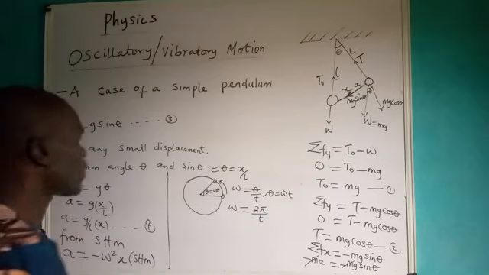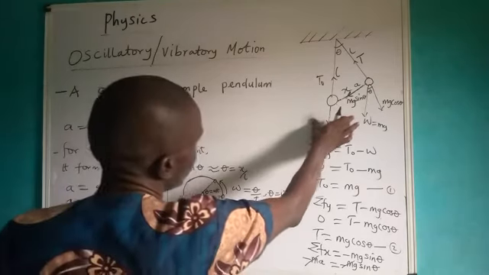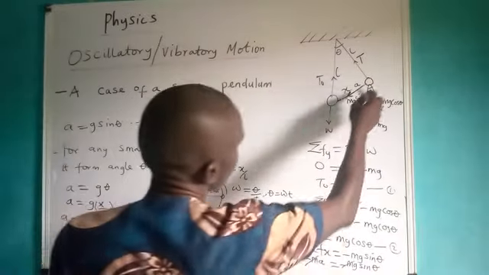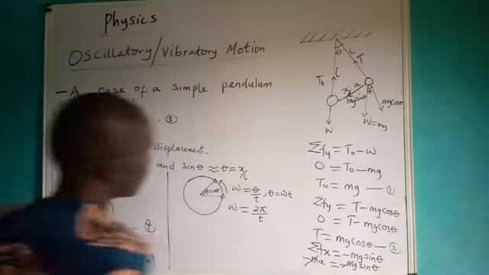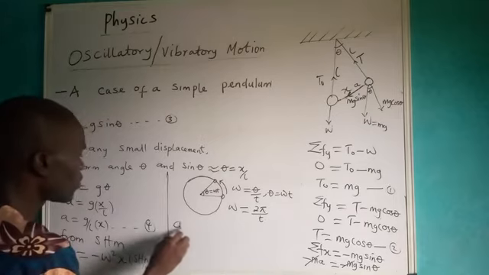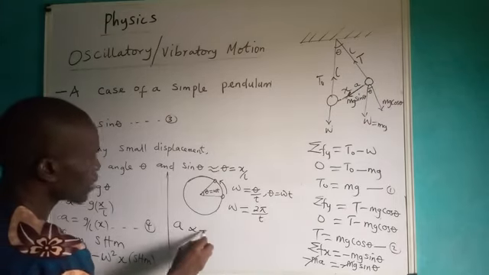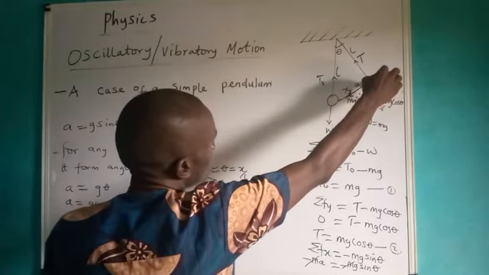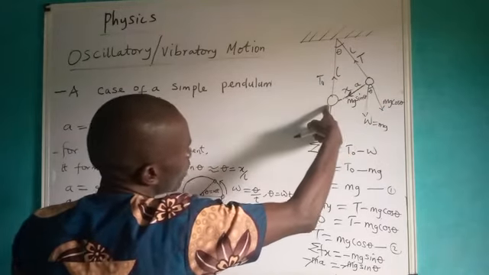Now, from the simple pendulum, because this is what we are dealing with, you know that the acceleration will be directly proportional to the displacement. As you release this pendulum, it will come to the original position.